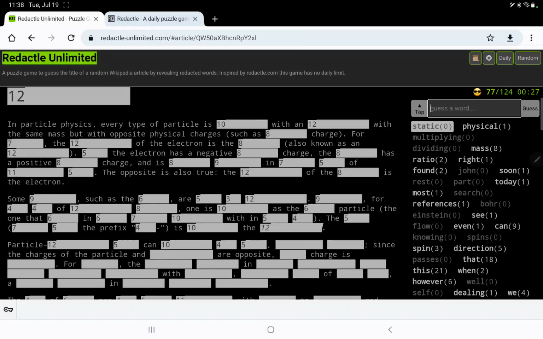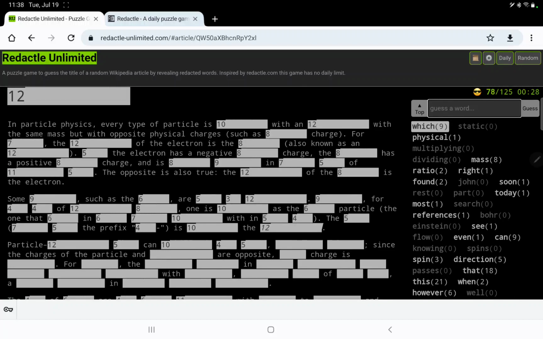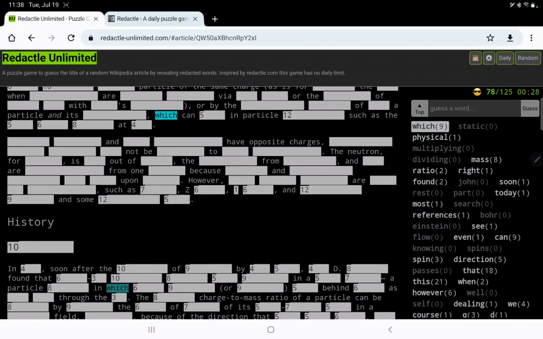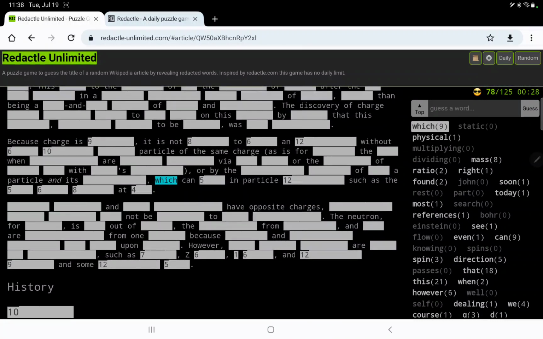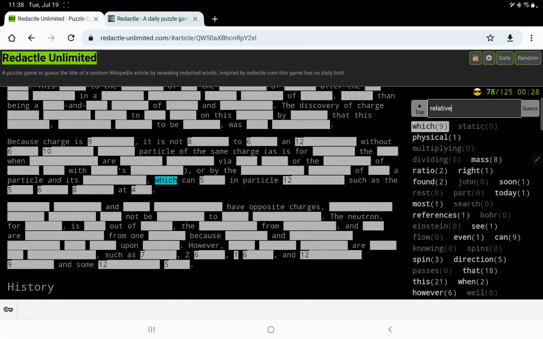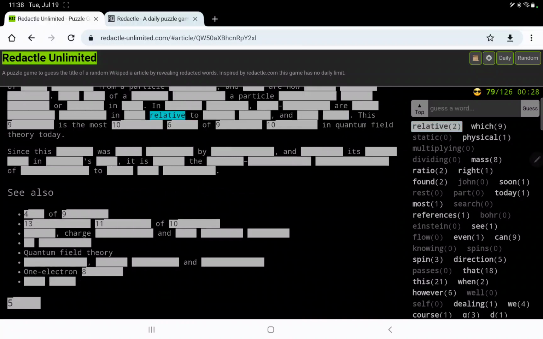4, 7, the 12 of the electron is the 8. Oh my goodness. Let's do which. See our whiches. Which can, because charge is 9. Did I do relative? I know that's 8, but that might be a good word.